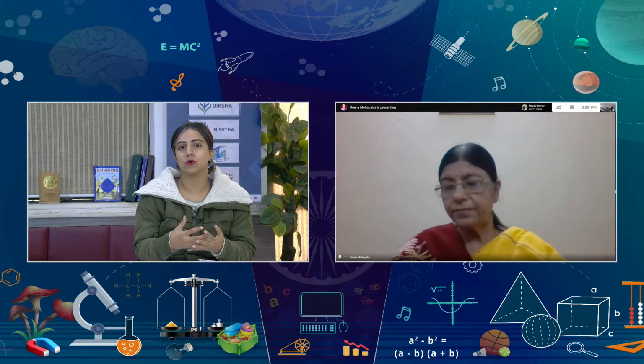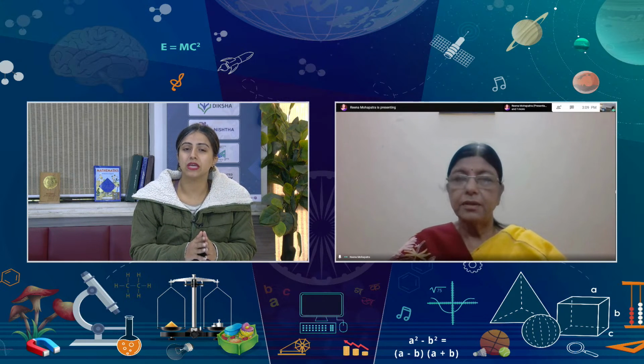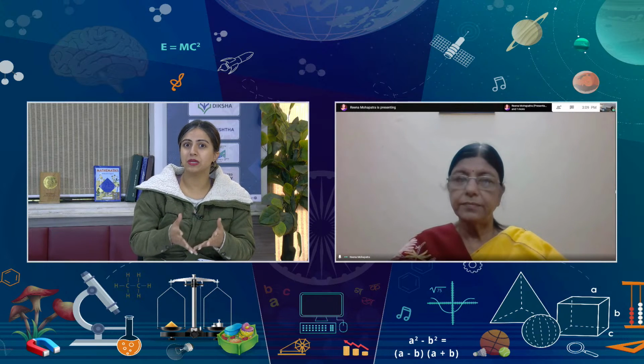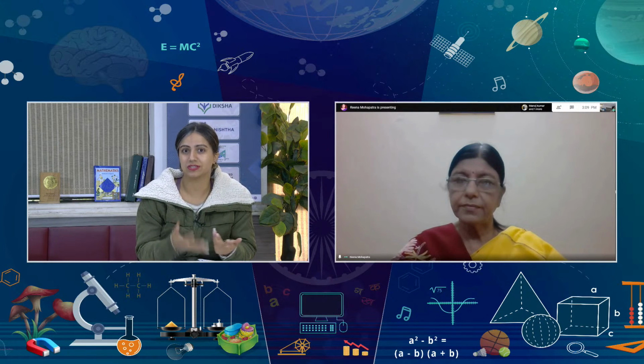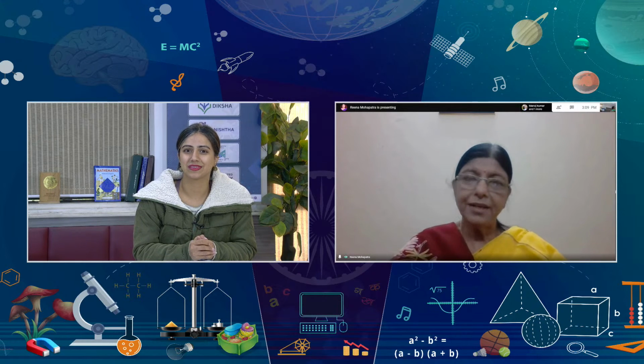Before moving on to the third part, which is what we are dealing with today, let me request ma'am to sum up part 1 and part 2 very briefly for all the students who watched the sessions and who didn't watch the sessions. So, ma'am. Okay.